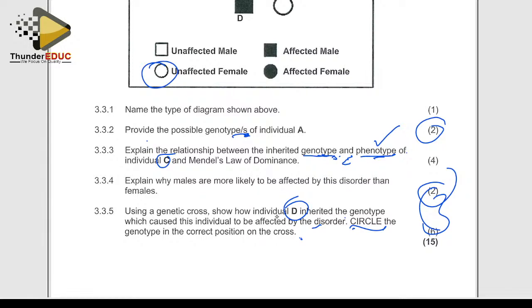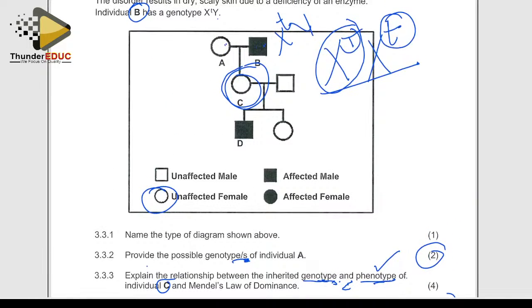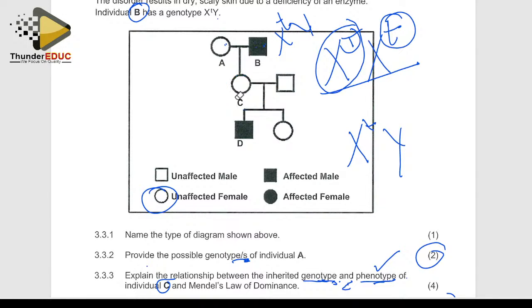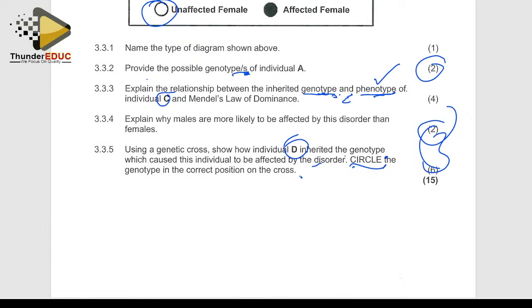Individual D obviously is a male, whereby is having X small t, and a Y. So since this one is heterozygous, then we can. But they say using the genetic cross.